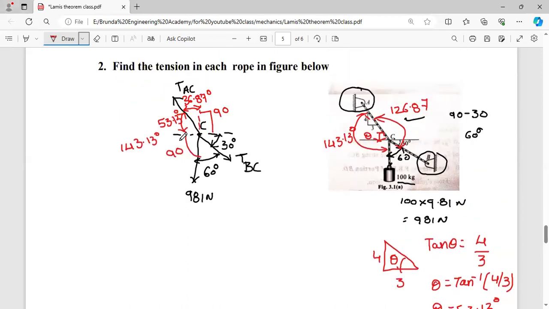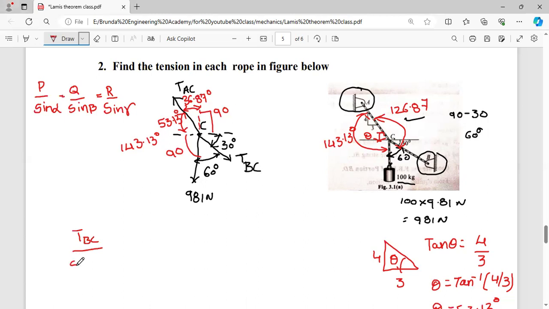Now apply the sine rule. What is the sine rule or Lami's theorem? P by sine alpha equal to Q by sine beta equal to R by sine gamma. Now, first force, consider TBC, the tension TBC.